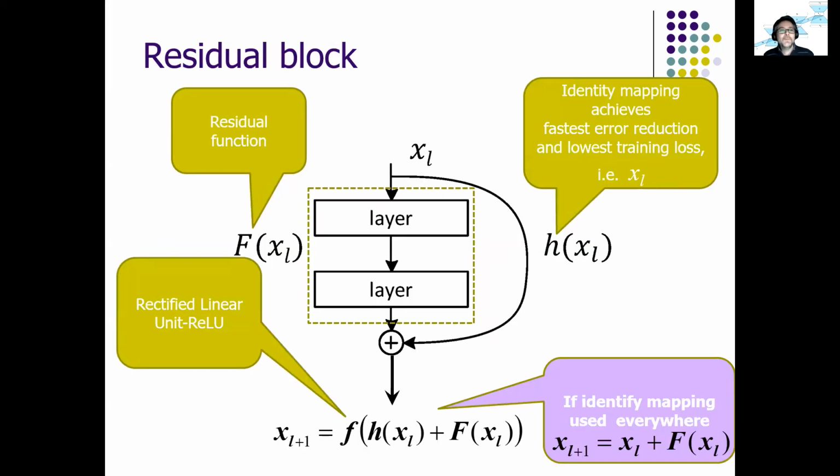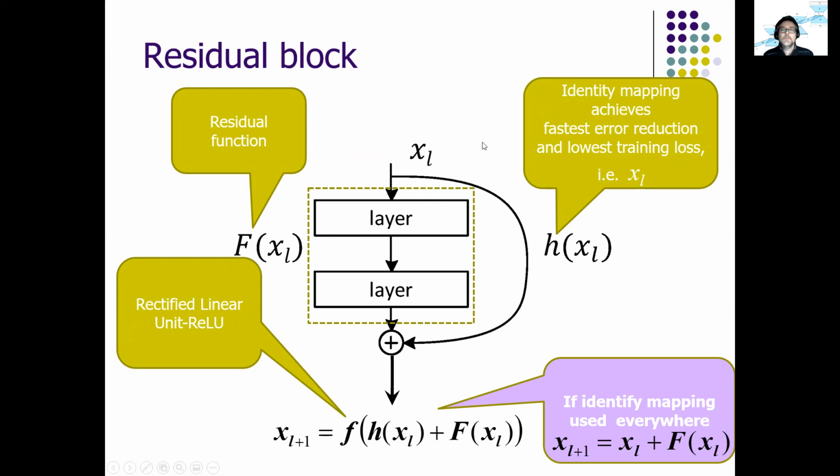The whole idea is based on this thing, which is called the residual block. So you have a combination of two layers. These two layers define the residual block. And the residual block basically creates a kind of function. This is called the residual function. The exact form of the function obviously depends on what kind of activations these layers are going to have.